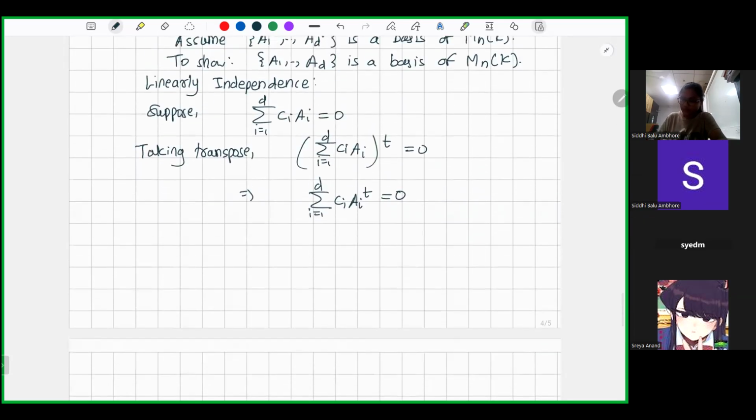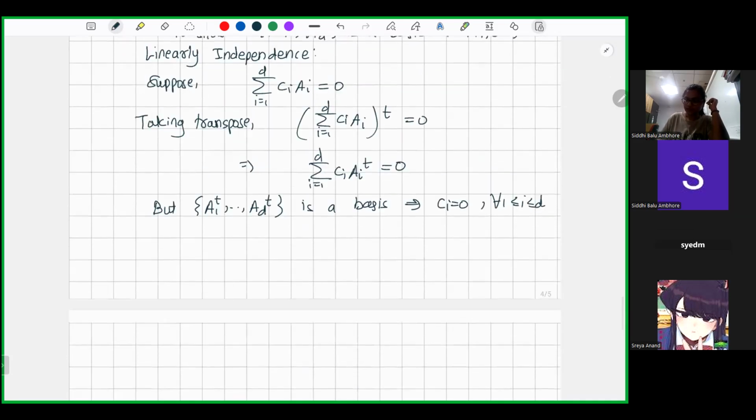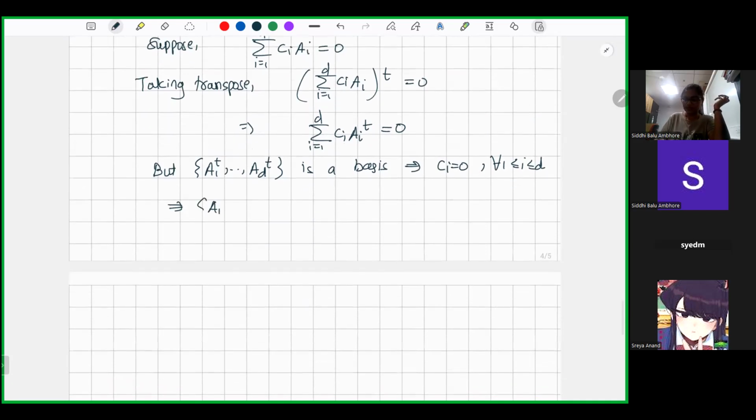So this will imply that, again, since A1 transpose to AD transpose is a basis, Ci is 0 for all 1 to D. And so this implies that Ai is a linearly independent set.